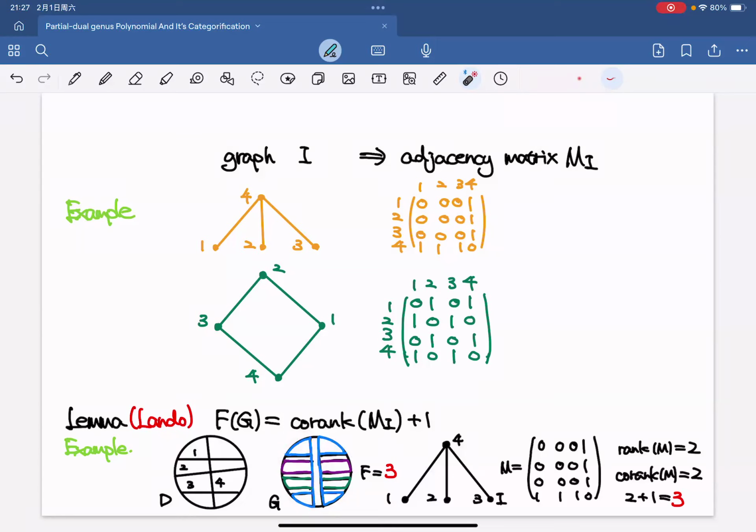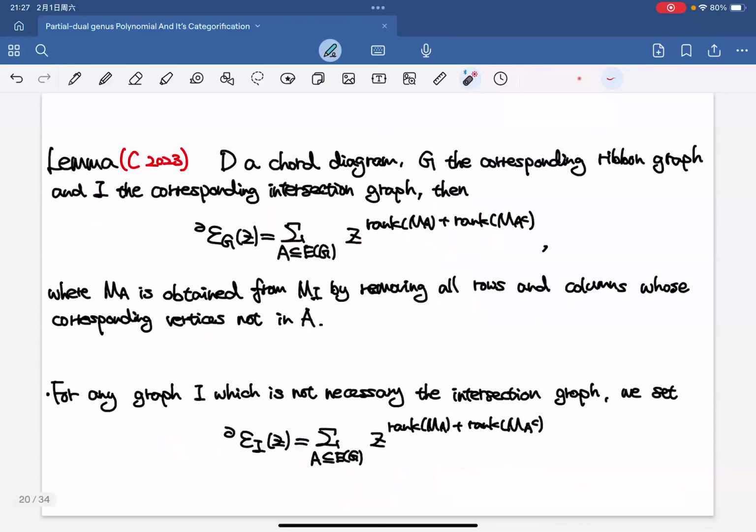The corresponding intersection graph is this one, and we can calculate its corank. It's just 2, and 2 plus 1 is equal to 3. So by using this result, we can answer the second question asked by Chmutov.